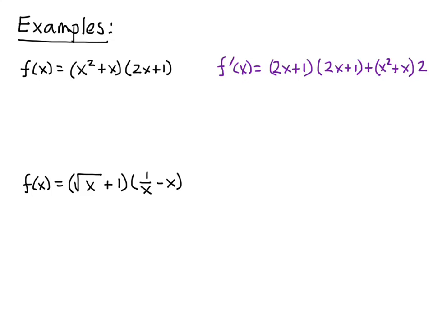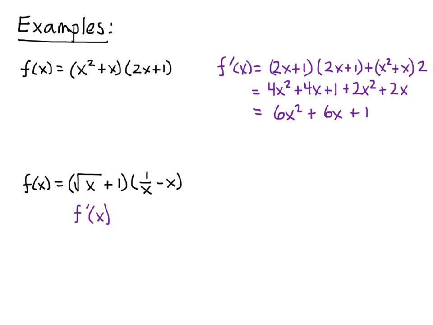And you can see I've taken the derivative of the first factor here and then multiplied it by the second factor. And then I took the first factor times the derivative of the second factor. And so when you expand that, you can collect it all into one nice tidy polynomial. You'd get exactly the same thing if you multiplied out that polynomial to begin with.